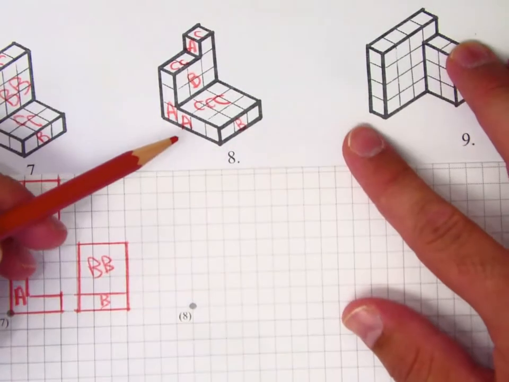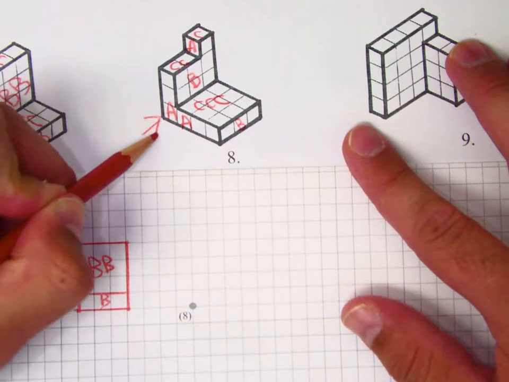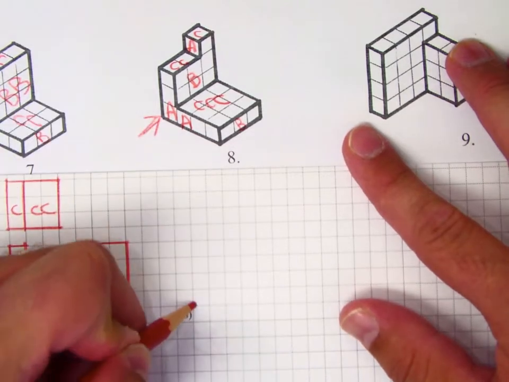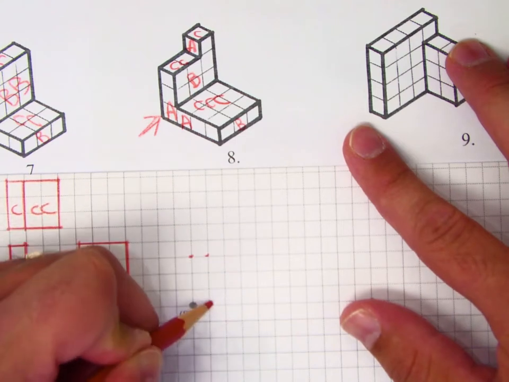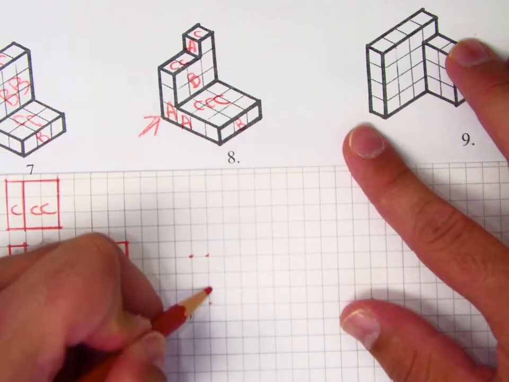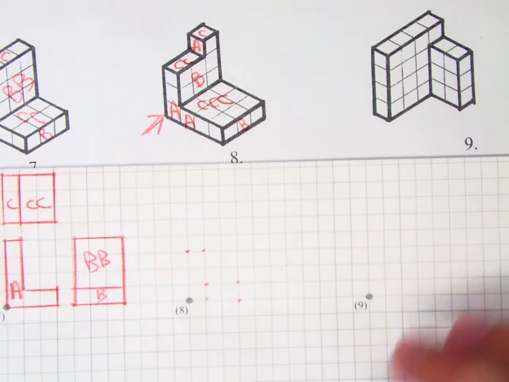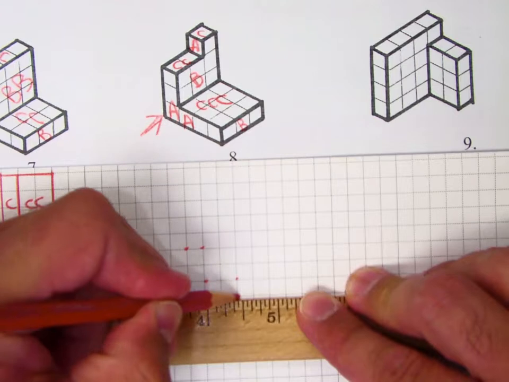So I'll build my front view first, starting in the lower left-hand corner, which is right there. From that point, I'll carefully count up and over my blocks. I have to be careful here because I have two planes in my front view.